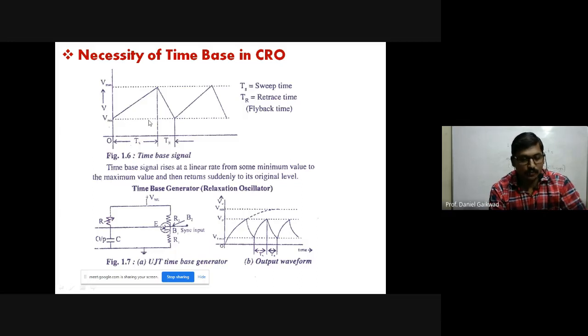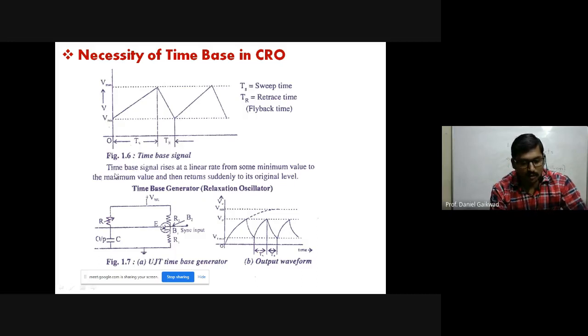So check carefully. To obtain a sawtooth waveform, this is the rising time, and this is the voltage fall. So we have two times, Ts the sweep time and Tr the retrace time, the flyback, which becomes zero. So this will be the sawtooth waveform.